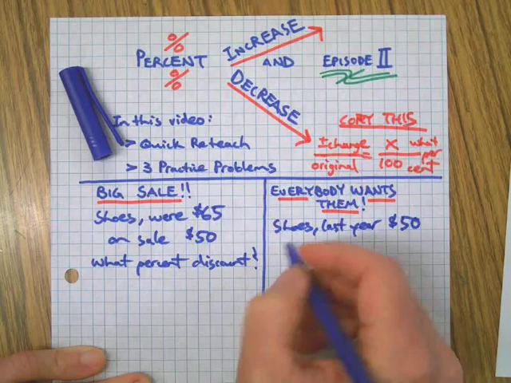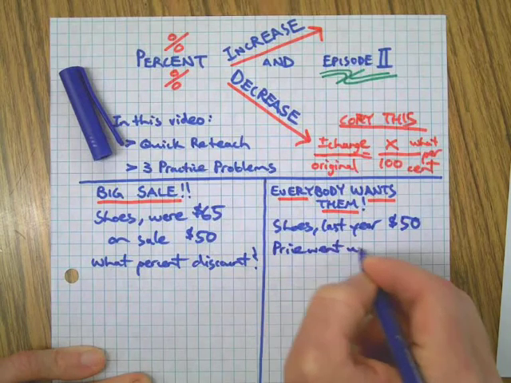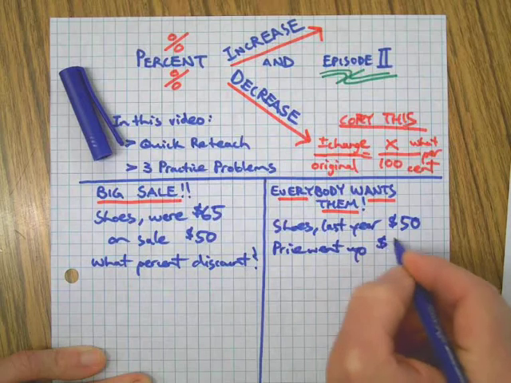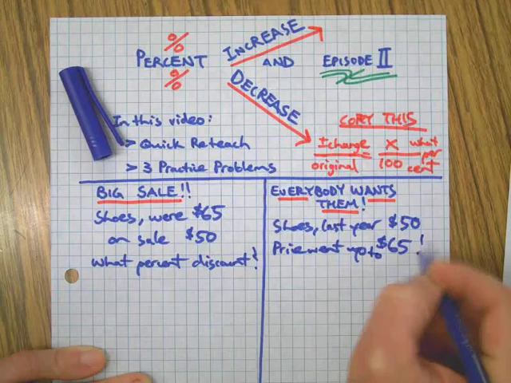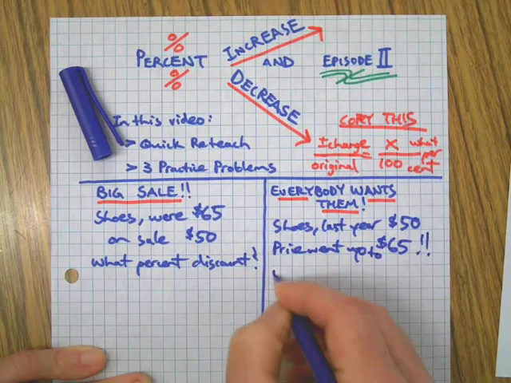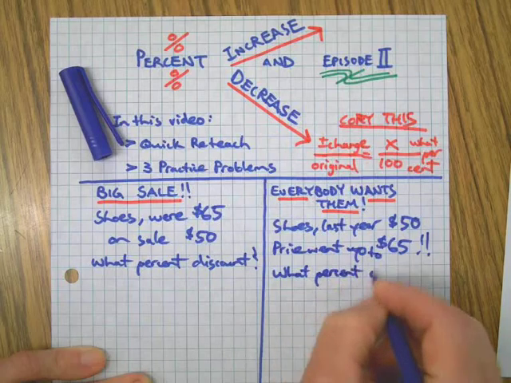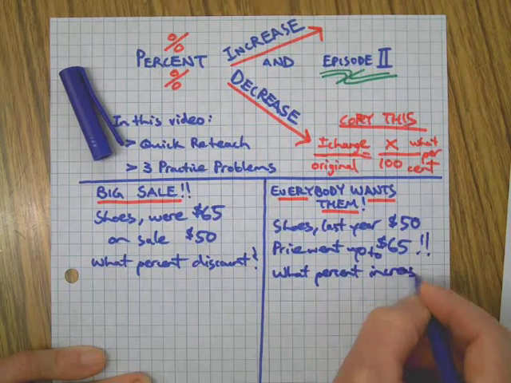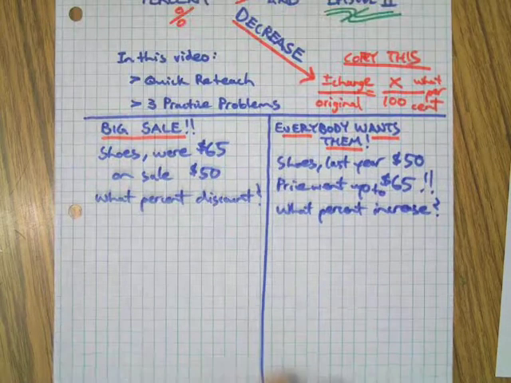So guess what happens then? Price goes up. Right? If everybody wants them, let's see how much money we can make. Went up to $65. For this problem, what is the percent increase? Okay, and yes, that's on purpose that I've used the same numbers.